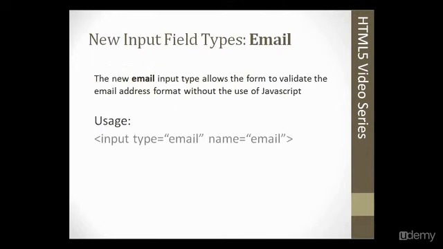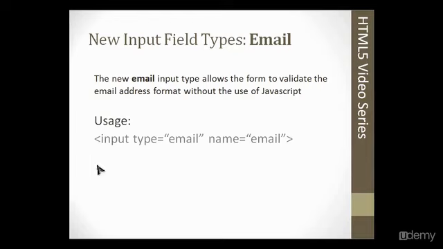So the first one up we have is the new input field email. The new email input type allows the form to validate an email address without any use of JavaScript. Now in the past, if you wanted to make sure that it's an email address going in, you would need to use JavaScript or some server-side processing just to check, and it would take a decent amount of code, but this makes it extremely easy.